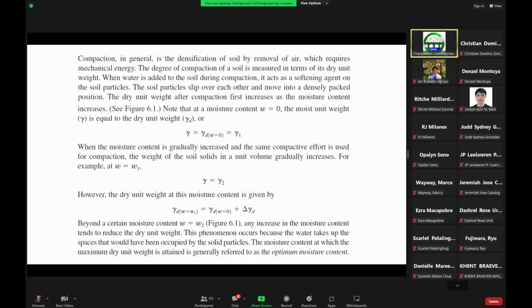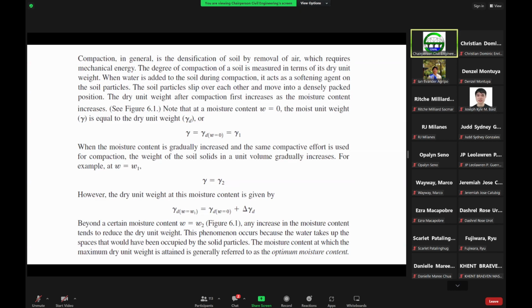So again, if you recall, we have the moist unit weight, the saturated unit weight, and also the dry unit weight. Now, when water is added to the soil during compaction, it acts as a softening agent on the soil particles.